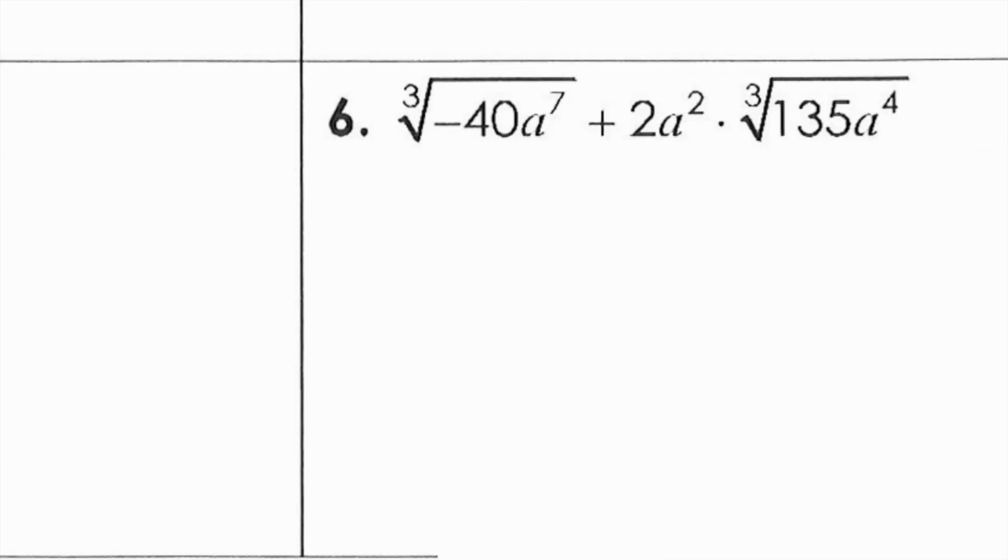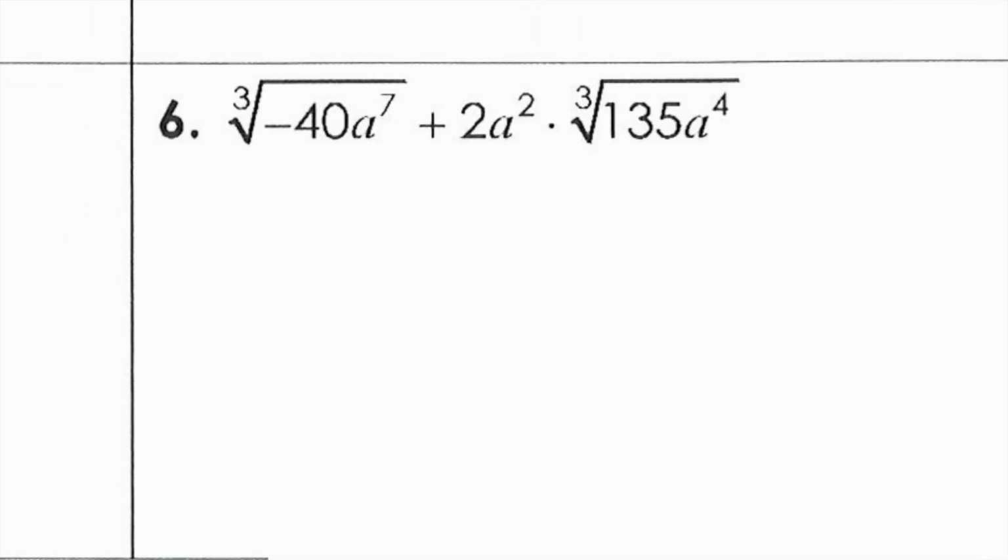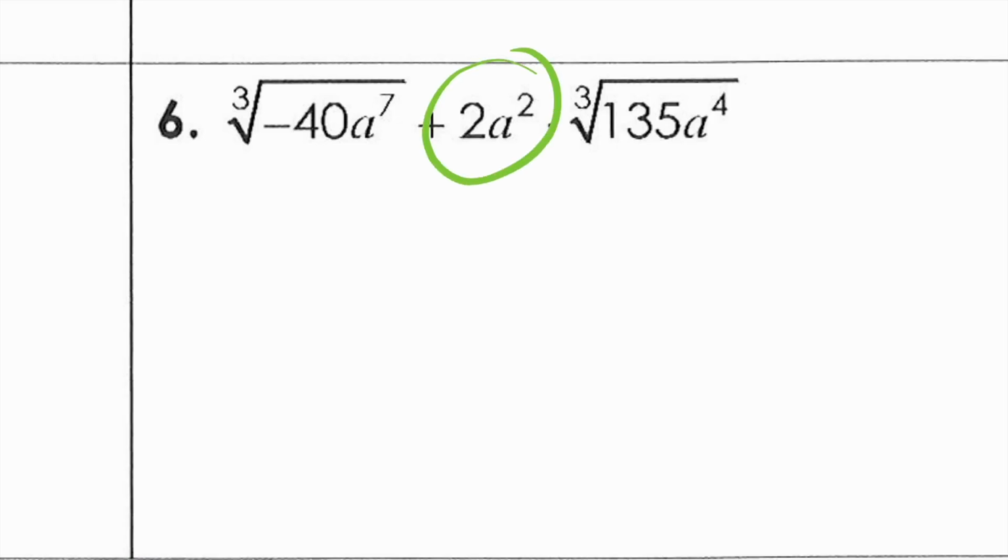On to number 6. 3 different parts, 2 cube roots, and then 2a squared multiplied with that. So I guess really more 2 parts then, I suppose. So cube root of negative 40a to the 7th, so let me separate that into 2 parts. Cube root of negative 40 and the cube root of a to the 7th.